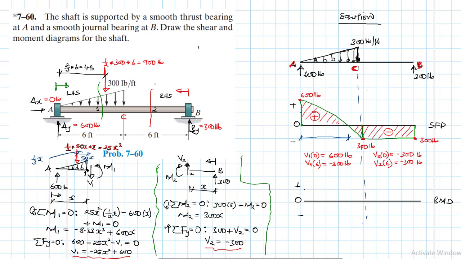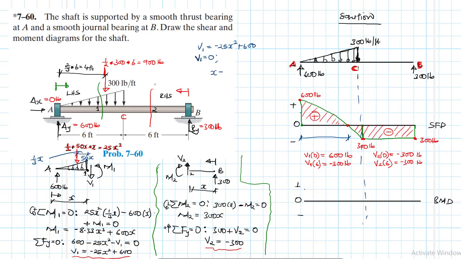So we are going to use the V1 function, which is equal to minus 25x squared plus 600. So at this point here, we expect shear to be equal to 0. So V1 will be equal to 0 at that point.